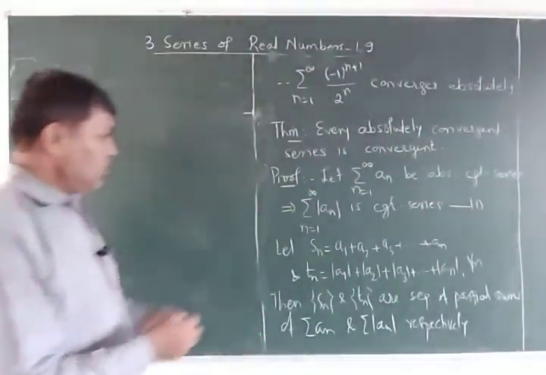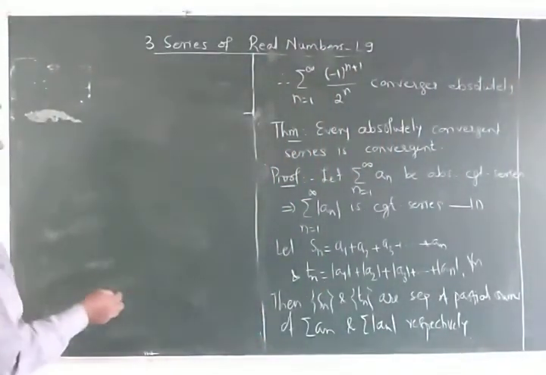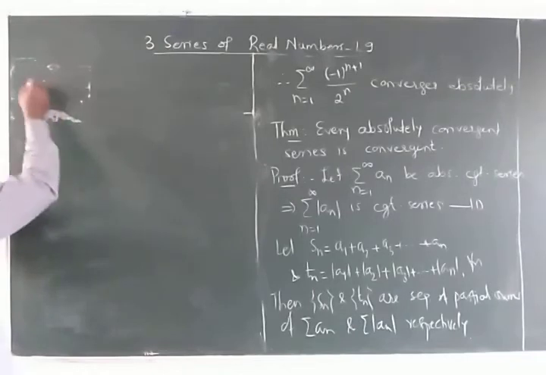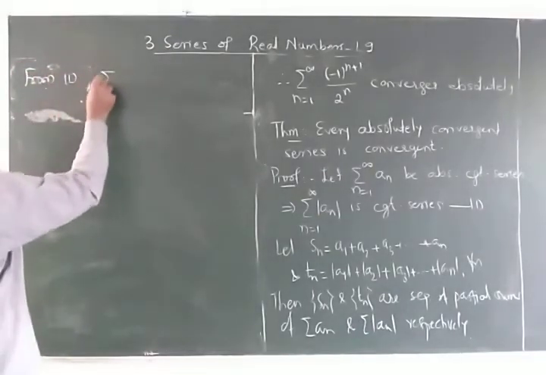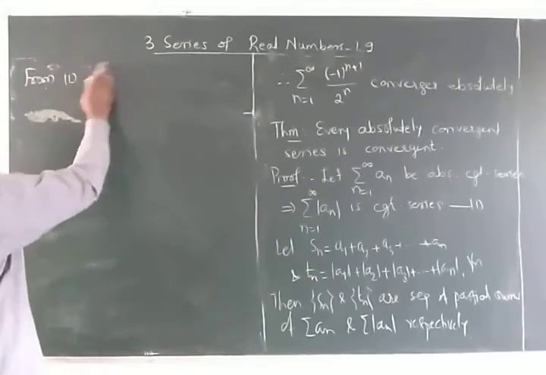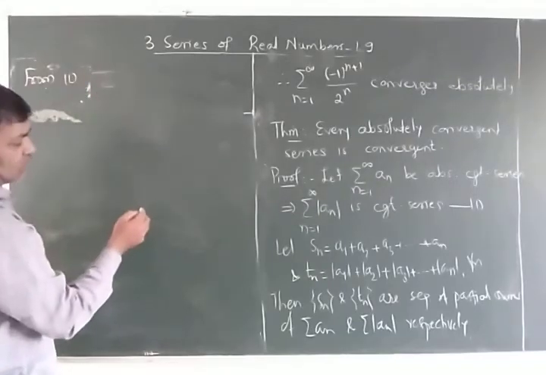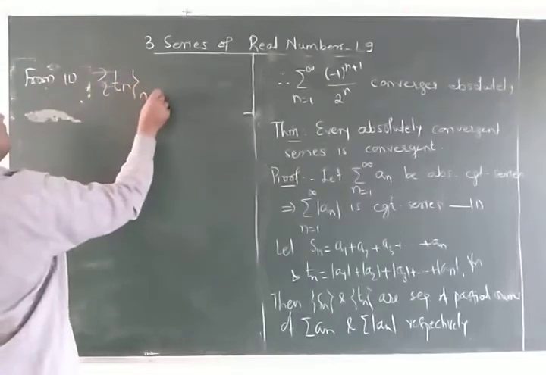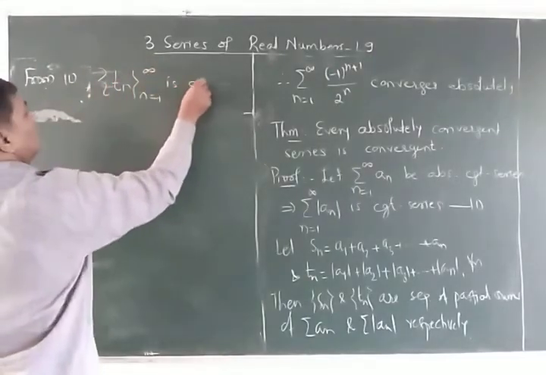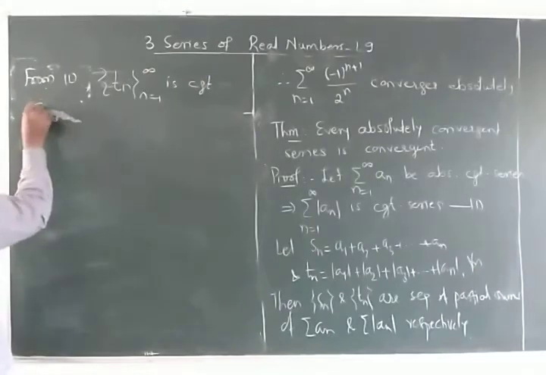So from 1, the series summation of mod a_n is convergent, and hence T_n is a Cauchy sequence.